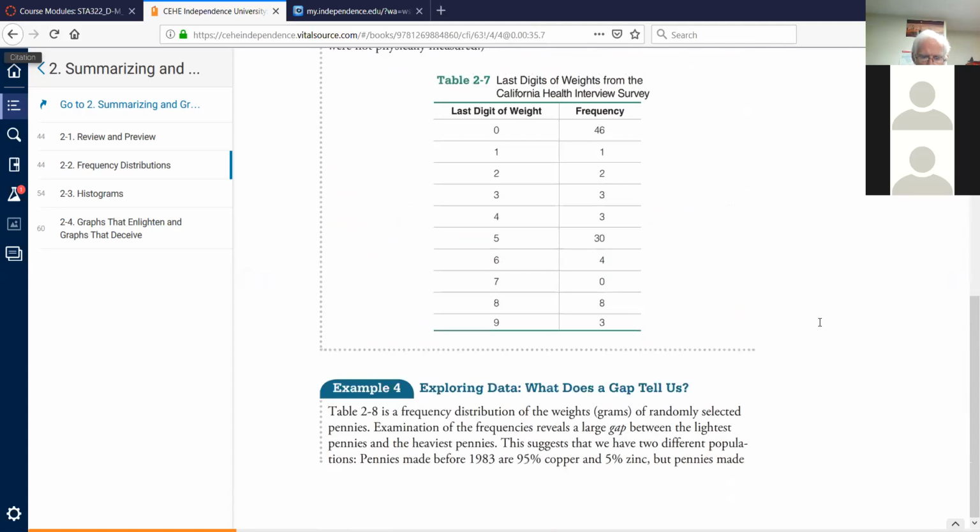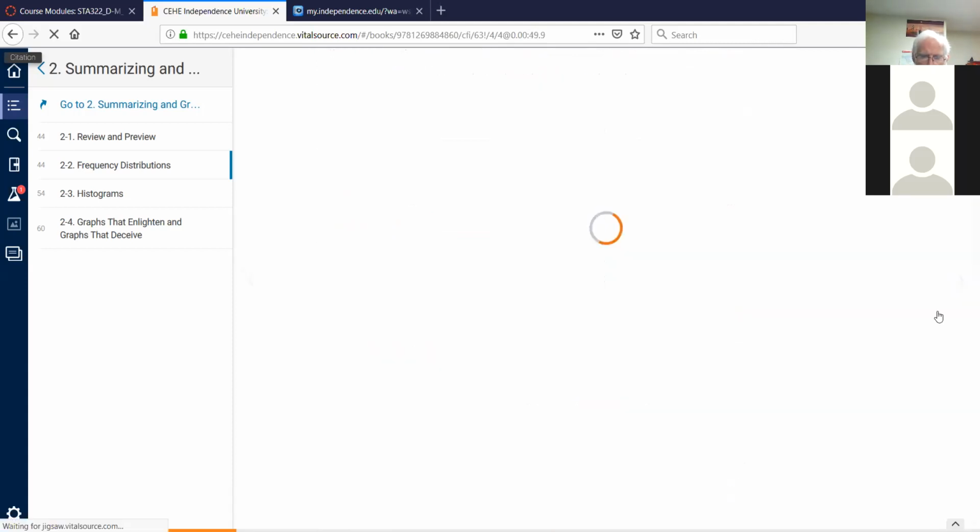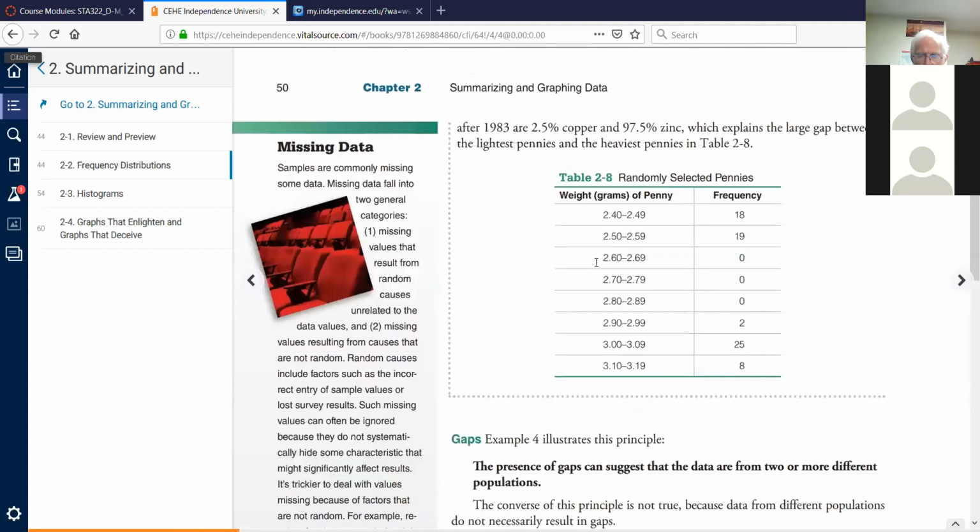So we look at data. This I'm not even going to bother with. What does a gap tell us?